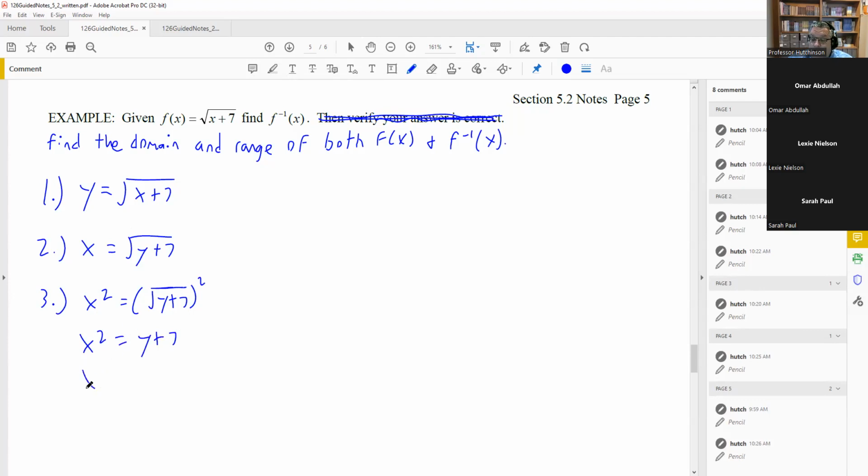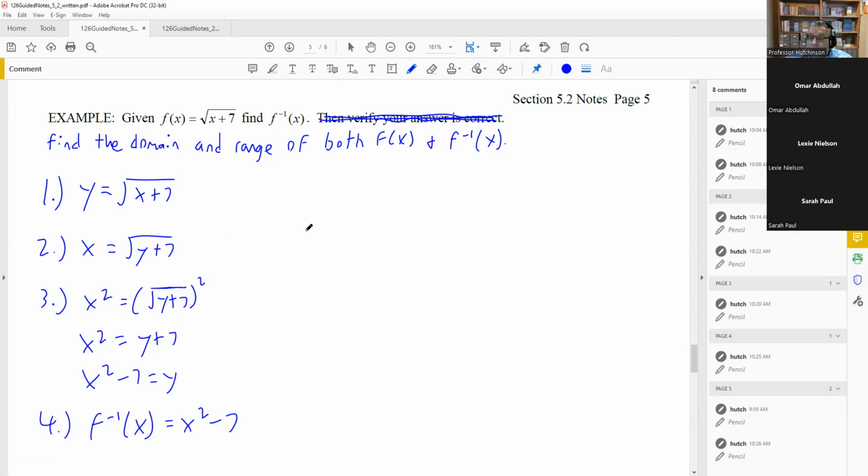Then we can subtract the 7, and we get x squared minus 7 equals y. We can just put in the inverse notation for that and flip this around. So the inverse is equal to x squared minus 7. Okay, so that was steps 1 through 4. Now we have this one and we have this one here.